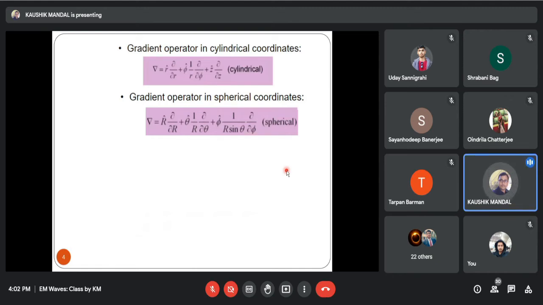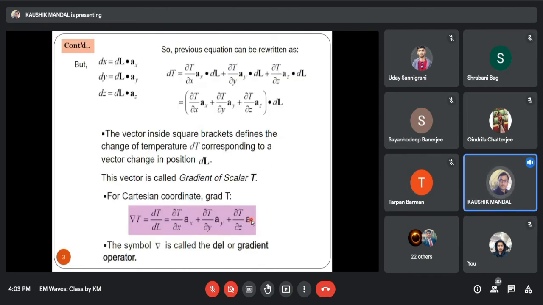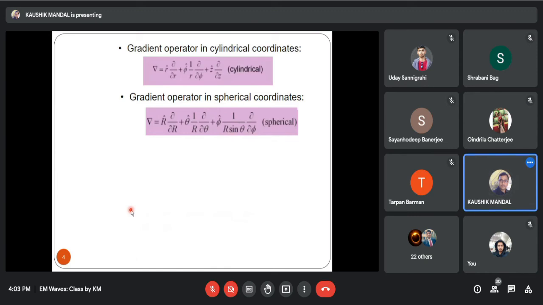Now the previous one is representing the gradient operator in the Cartesian coordinate system. I have also mentioned the corresponding del operator in the cylindrical and spherical coordinate systems, because it will be helpful to deal with different problems.